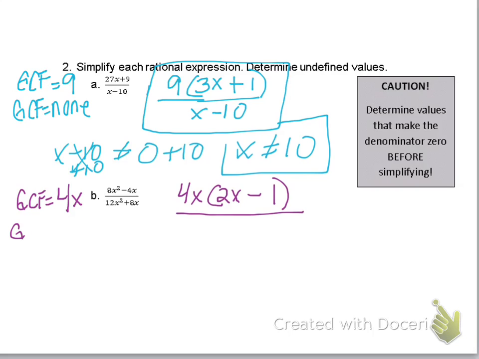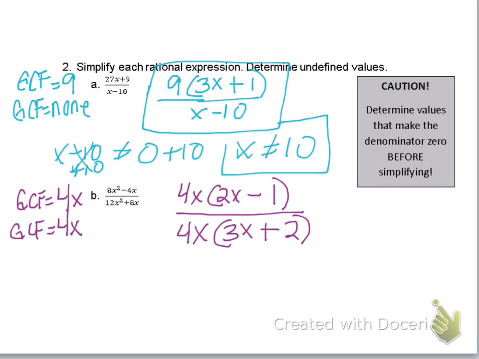Okay, and the greatest common factor in the denominator looks like it would be 4x also, because they both have at least one x, so I'm going to pull out 4x on the bottom also. So 12 divided by 4 is 3, and x squared divided by x is just x, plus 8 divided by 4 is 2, and x divided by x is 1, so we just have a 2.